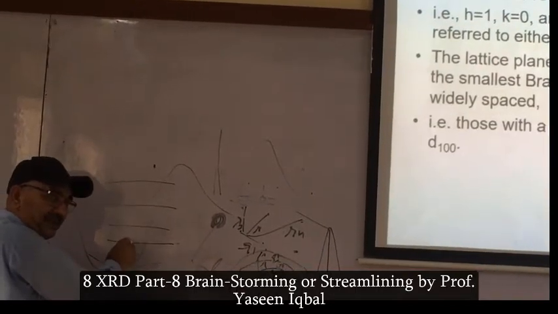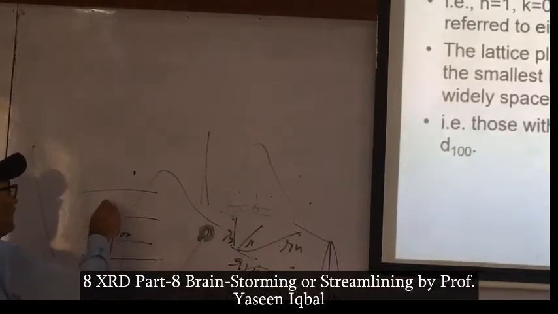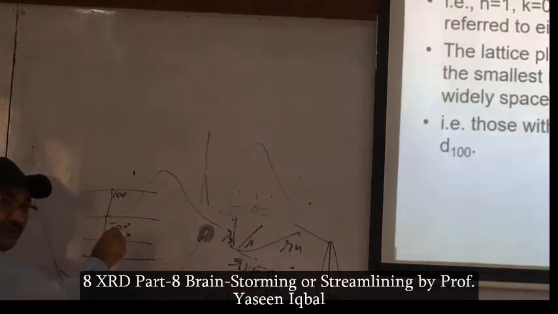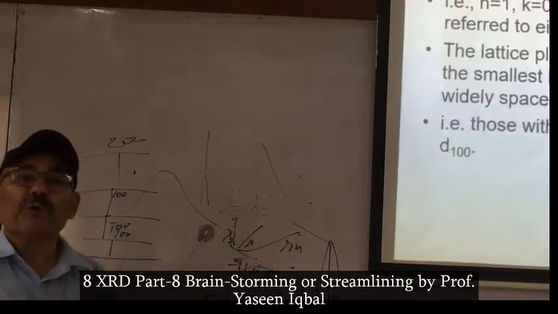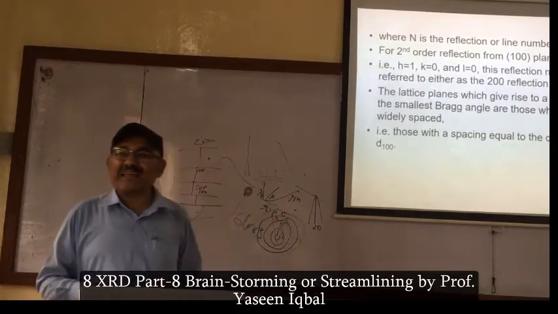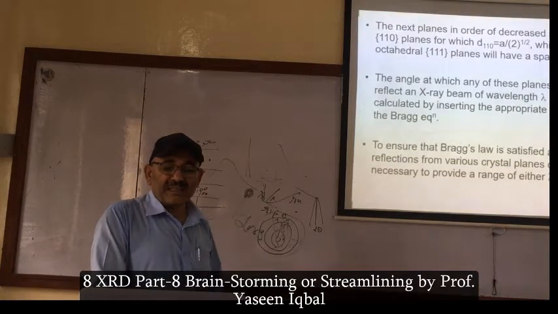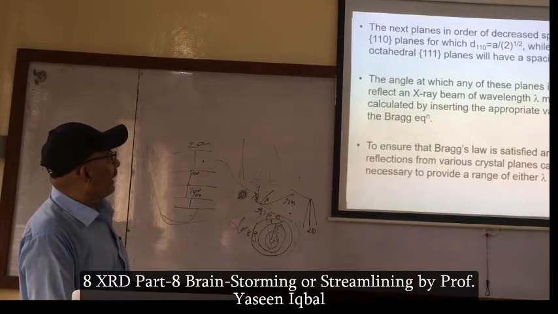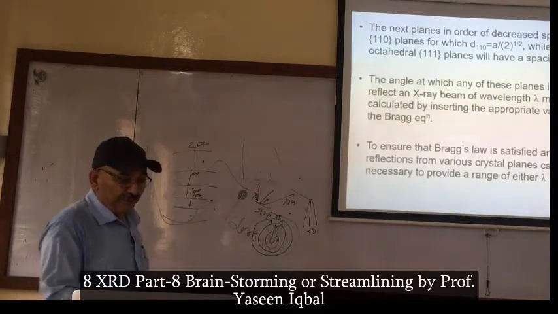If your origin is here, then this is your 100, and this will become minus 100, and the top one will be 200. So it's up to you where you choose the origin. But when you are doing this in electron diffraction, the next plane in order of decreasing spacing will be 110. How will it be 110?